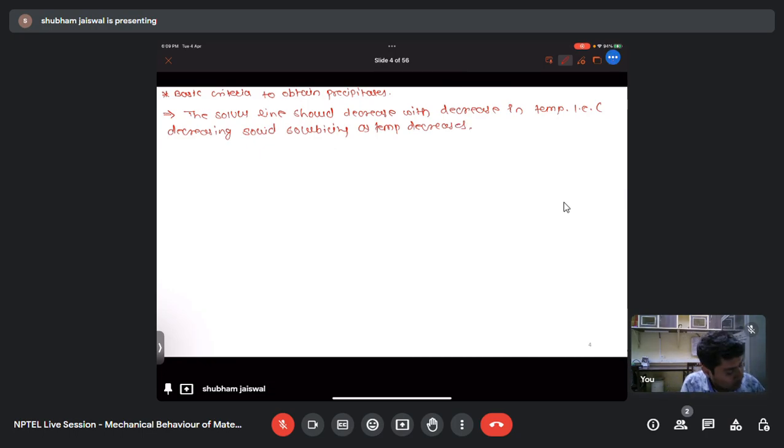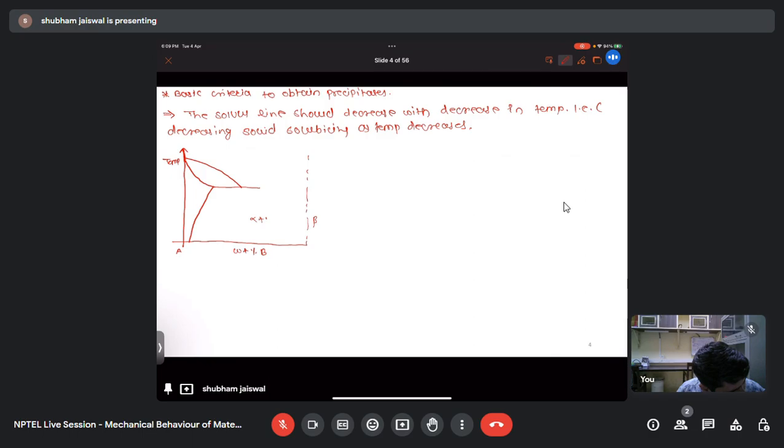Okay, so let's say this is one of my systems, made up of two elements. This is A, this is the weight percentage of B, and here somewhere we have the beta phase.